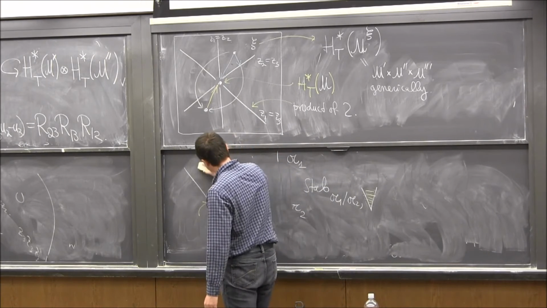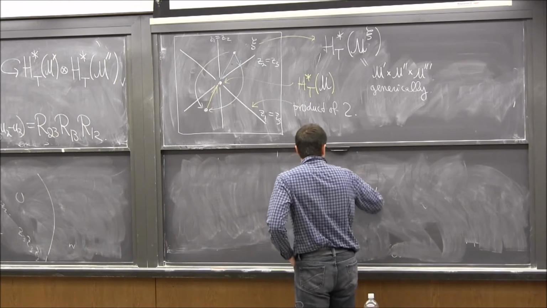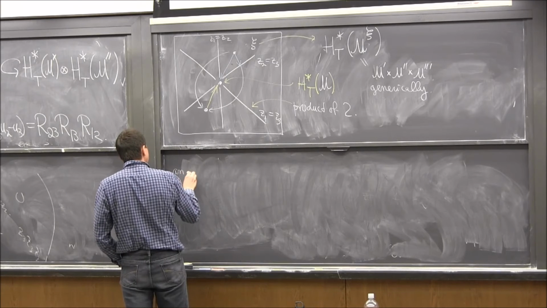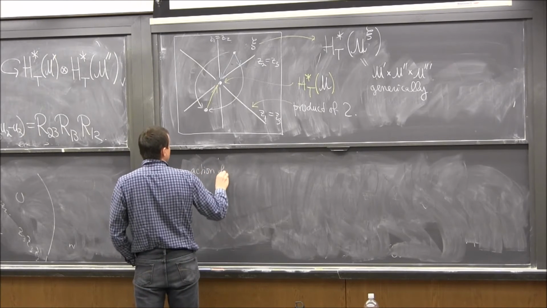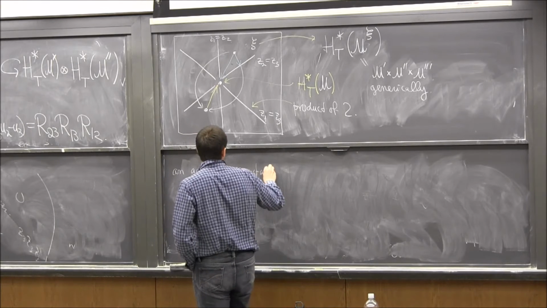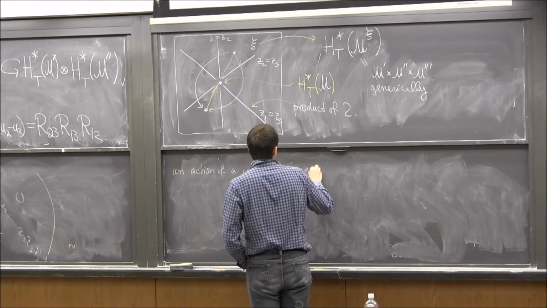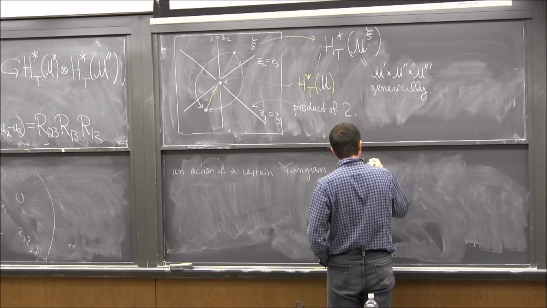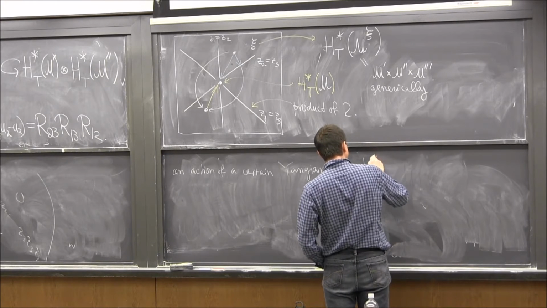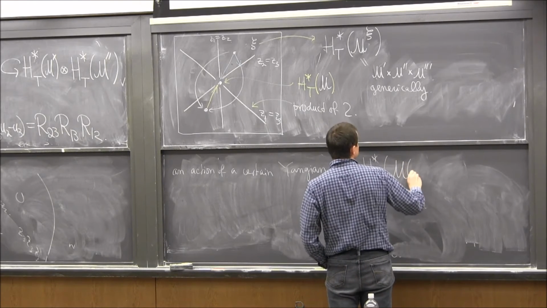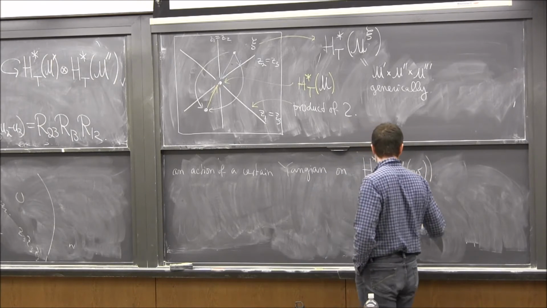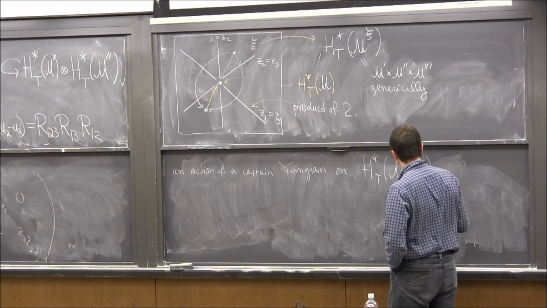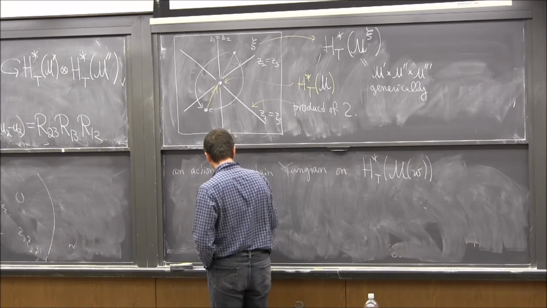But this tells me that I get an action of a certain Yangian. And the way it's done is you take an auxiliary Nakajima variety.